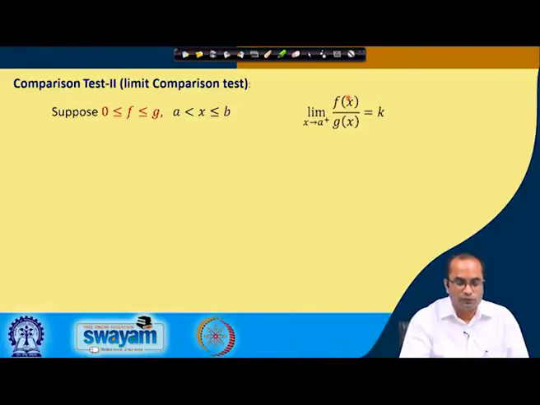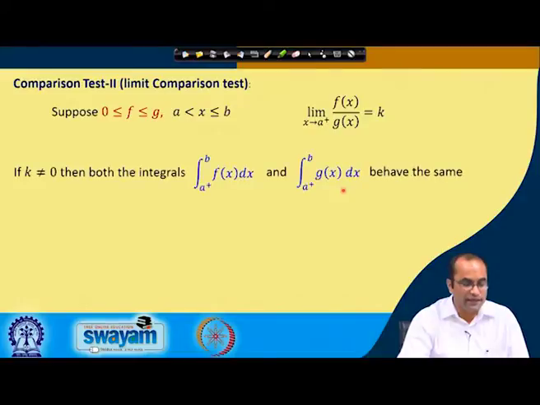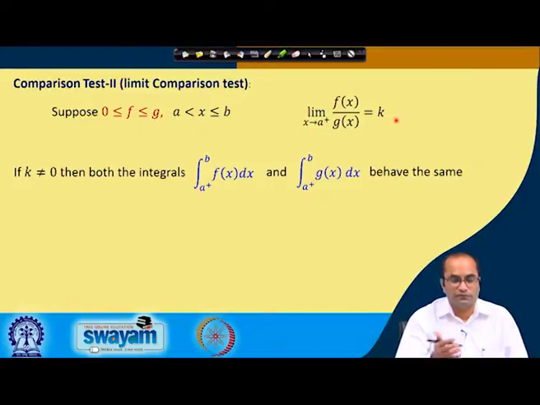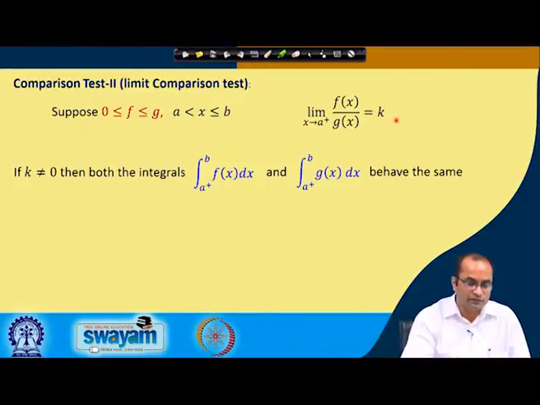So we take another function based on the given function f. This will be clearer when we discuss the examples. We will choose some g for a given f, or the other way around, and compute this limit. Suppose this limit comes to be k; then based on the value of k we can decide the nature of the integral from the nature of the other integral.